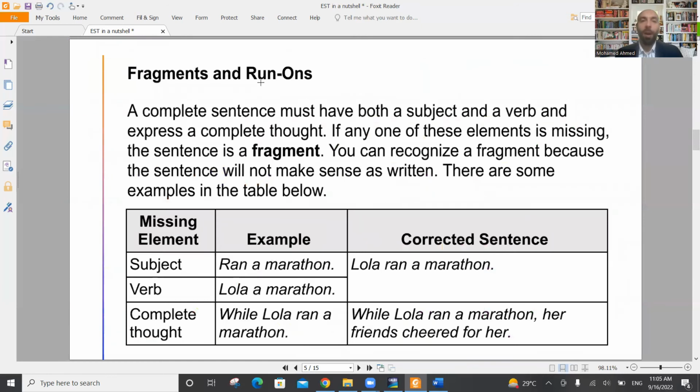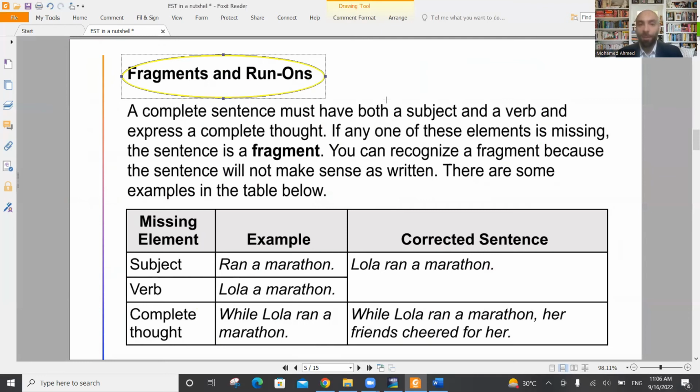Now we have two other words, fragments and run-ons. As I've told you today, we will start by knowing how to spot an error. So we're going to talk about errors. Here we have two errors, fragments and run-ons.